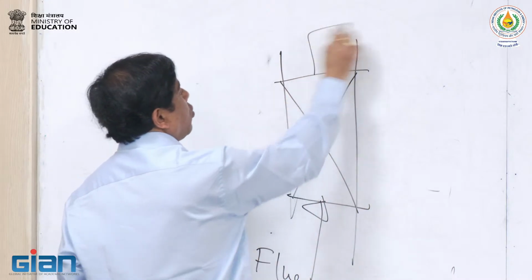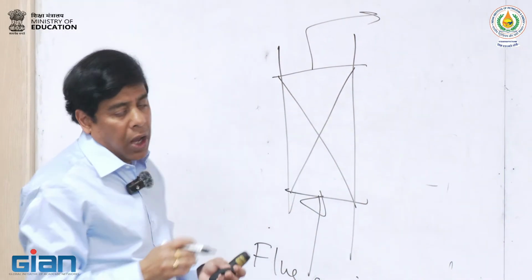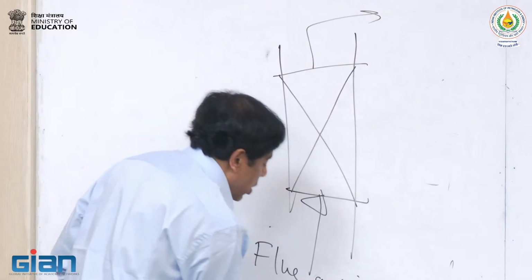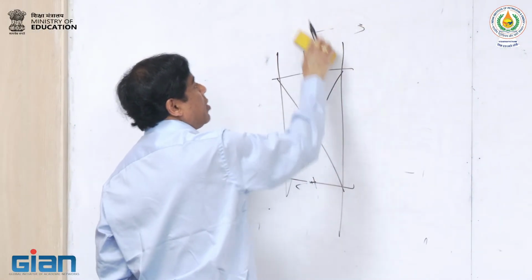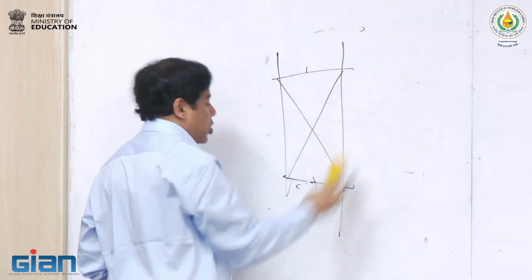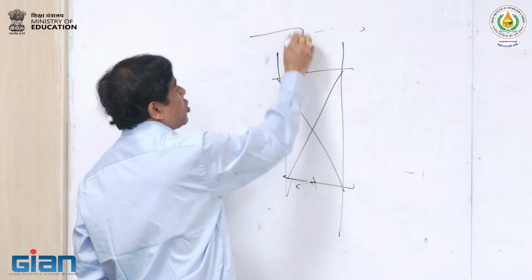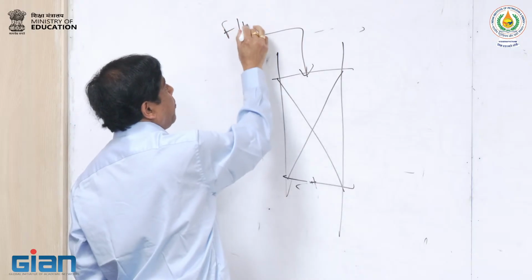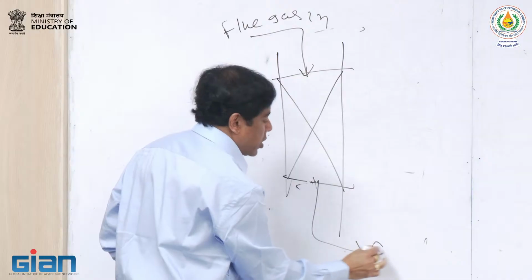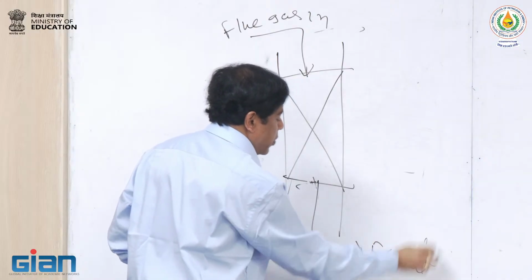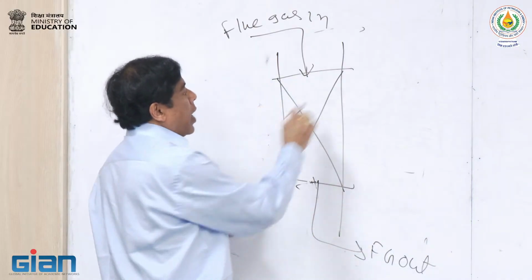For example, if I have a fixed bed and assume that my feed flue gas goes in this direction and goes out. Let me draw it the other way around. I know that in reality, because of the flow rate, it generally tries to flow the other way around.